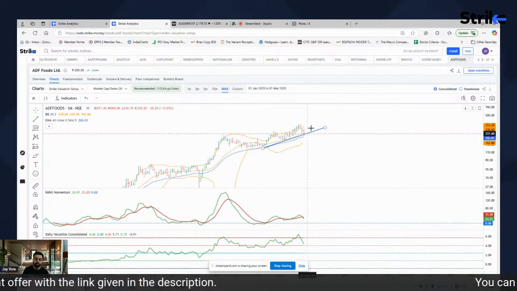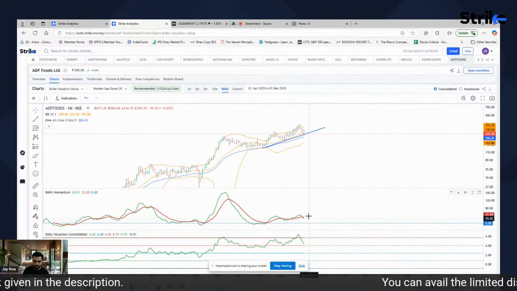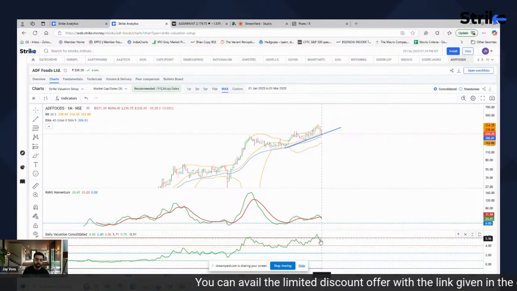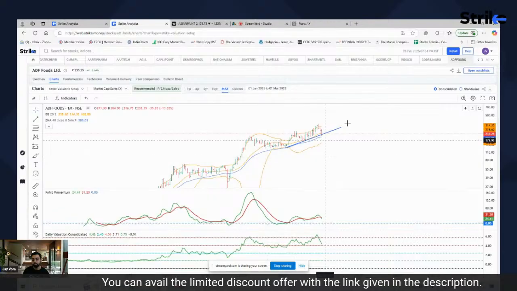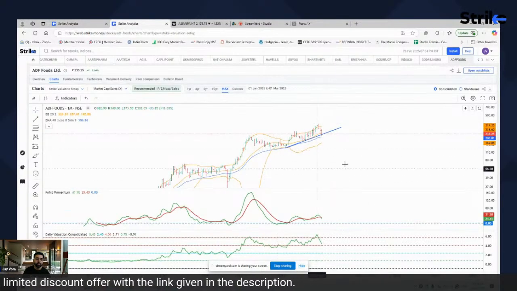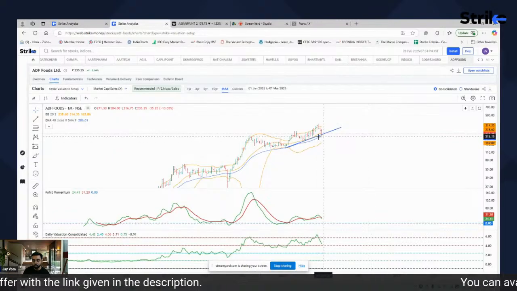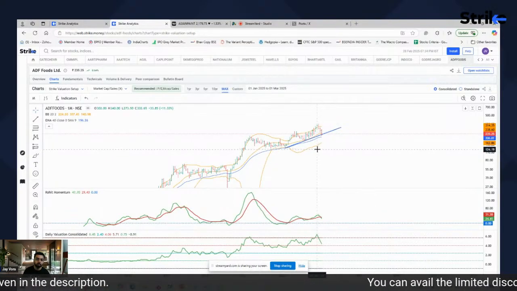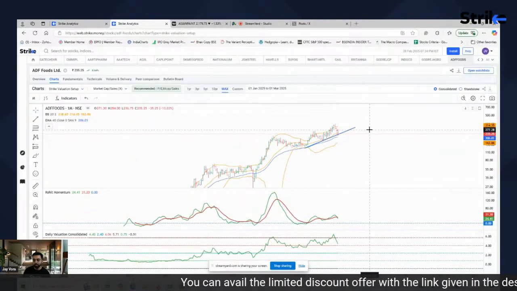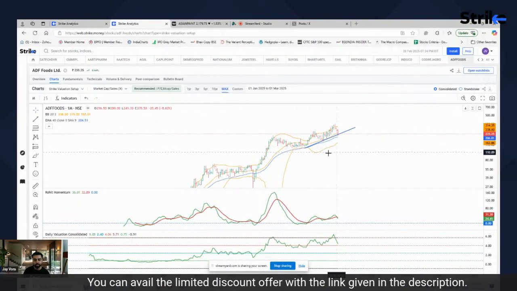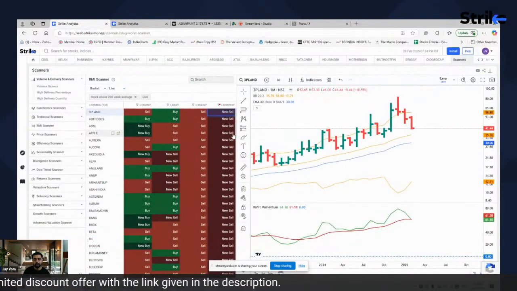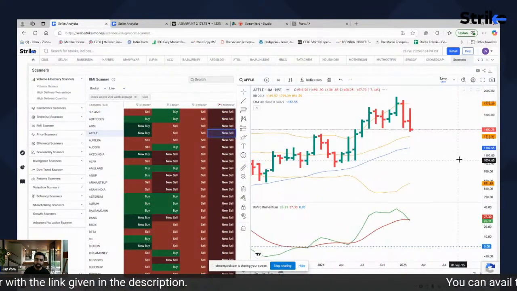Right now it is at the monthly trend line, the sell signal is going to come, and you're seeing valuation at higher levels. So if you have ADF Foods, you might want to look at your allocation, whether you want to trim down and lighten your weight, because there is a risk of a valuation derating that can come.